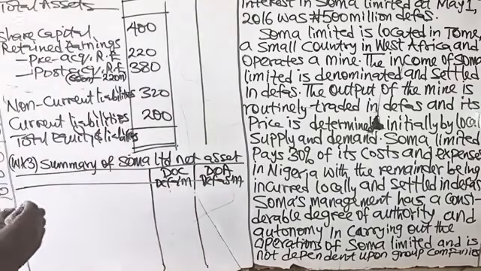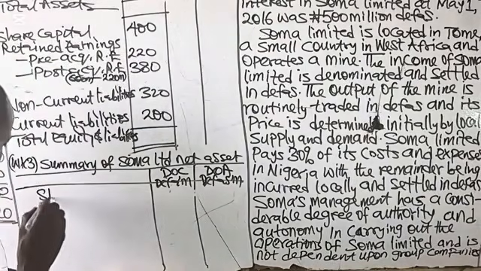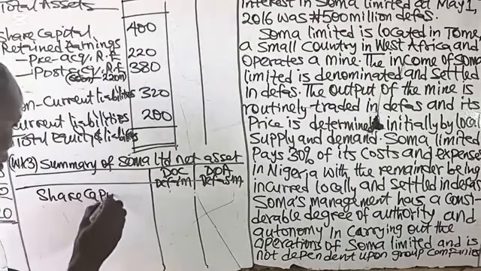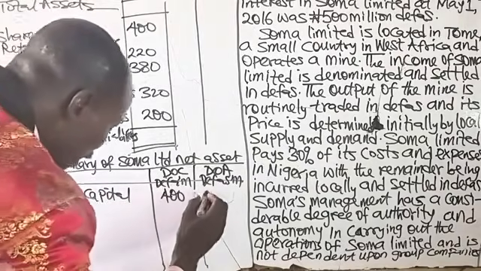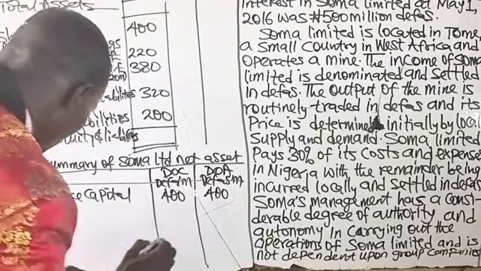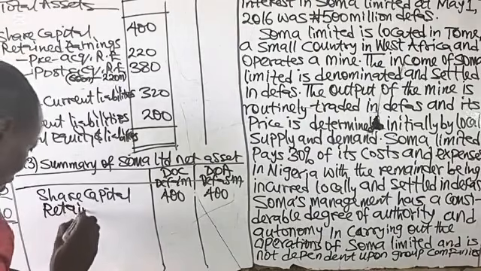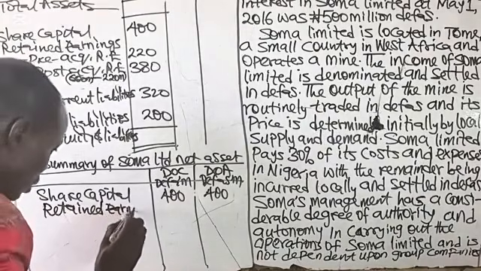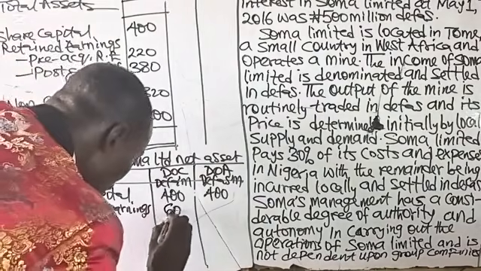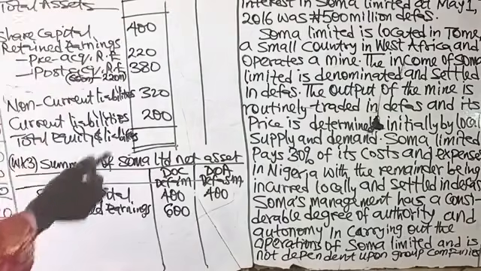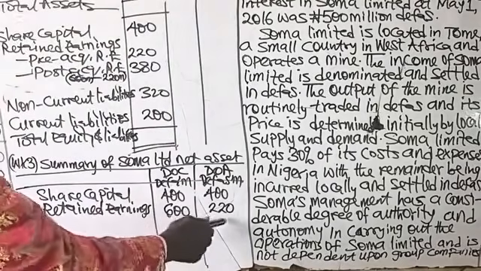So we have, the net asset comprises the share capital of 400. Share capital, 400. The same 400 is what you will have in the date of acquisition. Then you have retained earnings. The retained earnings we have in the statement of financial position amounted to 600 million. Of this 600 million, 220 million relates to the pre-acquisition period. So that means we have the pre-acquisition to be 220.